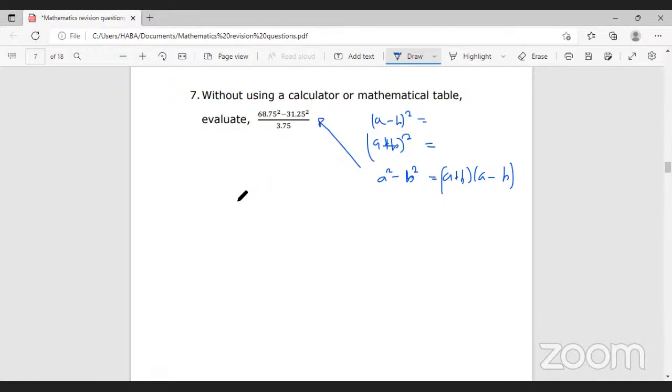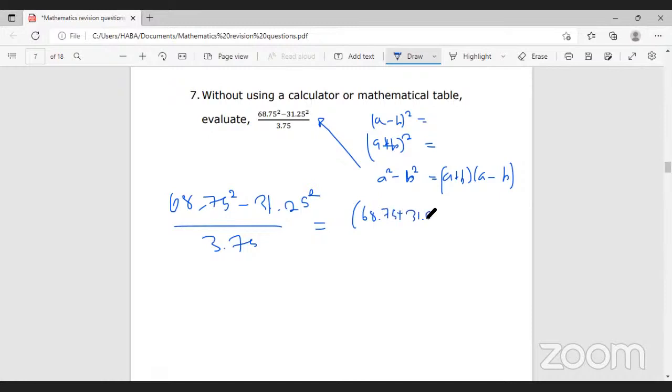Okay? So we are going to say 68.75 squared minus 31.25 squared, divided by 3.75, is equal to, open brackets, 68.75 plus 31.25, then bracket, open another one, we subtract 68.75 minus 31.25.